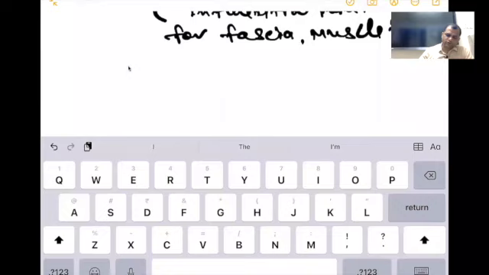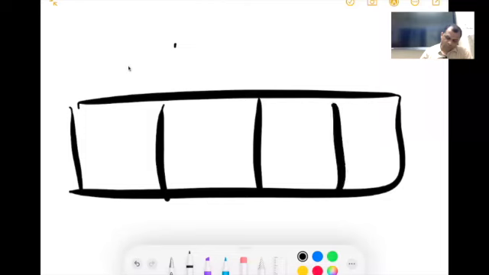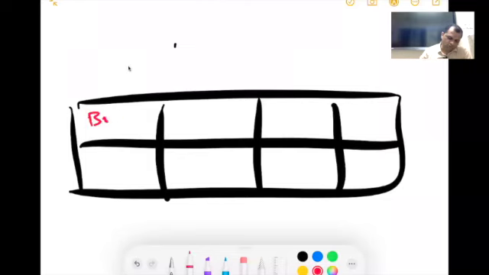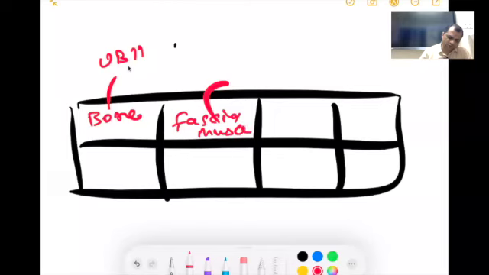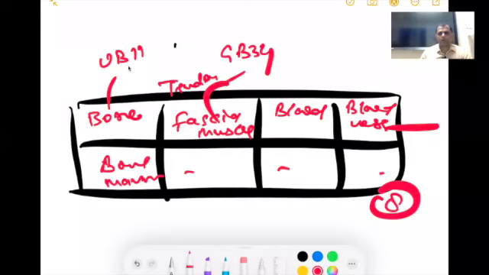Some points work for the bones, like urinary bladder 11. Some work for the fascia, muscles and tendons, like gallbladder 34. Some work for the blood, some for the blood vessels, some for the bone marrow. In that way, we have a total of 8 influential points in the human body.